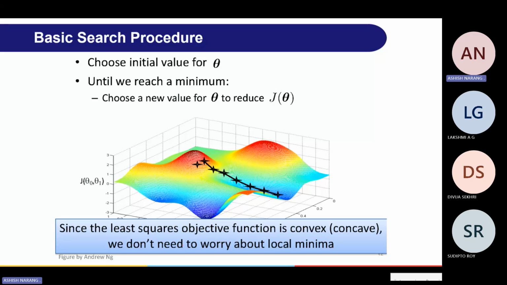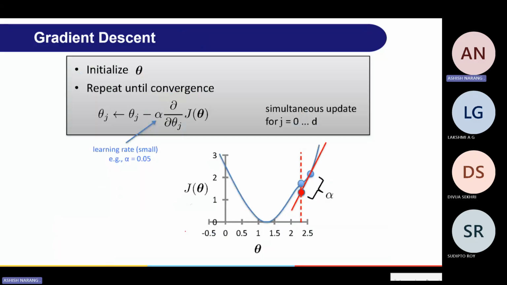Since the least square objective function is convex, we need not worry about the local minima. Whatever the function that we are creating, these are either convex or concave. When you have concave or convex functions, we need not worry about local minima, right?